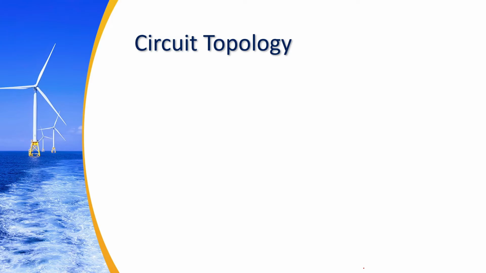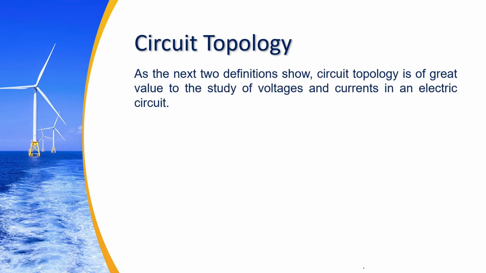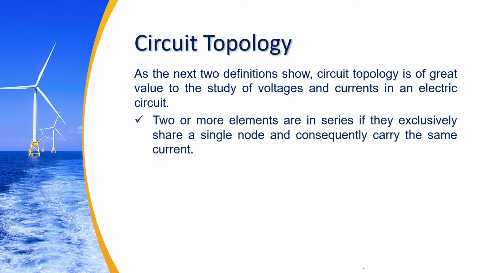Para sa circuit topology naman, as the next two definitions show, circuit topology is of great value to the study of voltages and currents in an electric circuit. So, two or more elements are in series if they exclusively share a single node and consequently carry the same current. So, in this first definition, this is the definition ng series circuit.